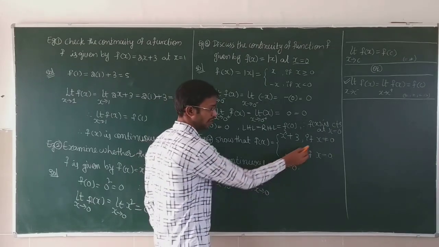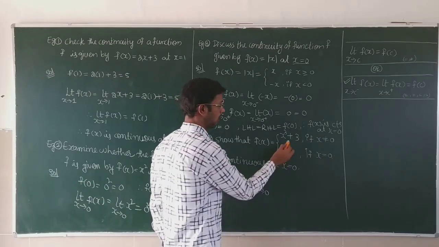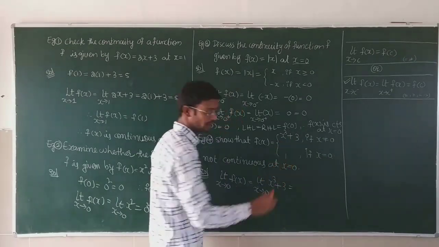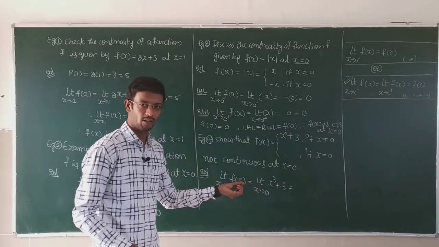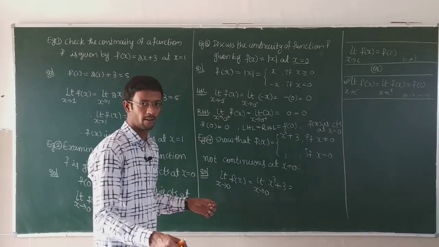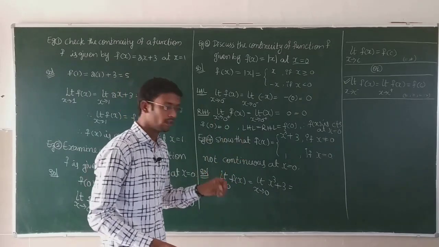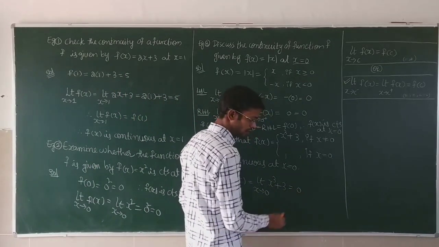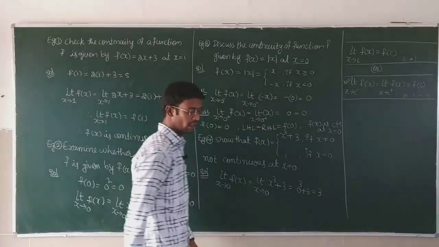Tends to 0 means not equal to 0, approximately equal to 0. So I will write x cube plus 3. Approximately equal to 0 means 0.0001, otherwise minus 0.99999. For that purpose I am taking the approximate value, so 0. 0 plus 3 is equal to 3.